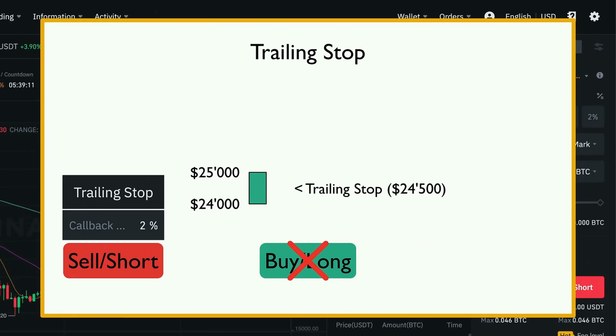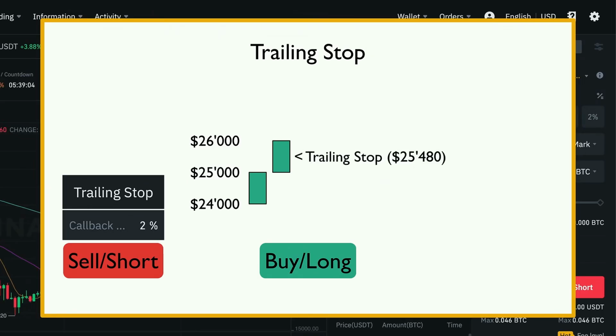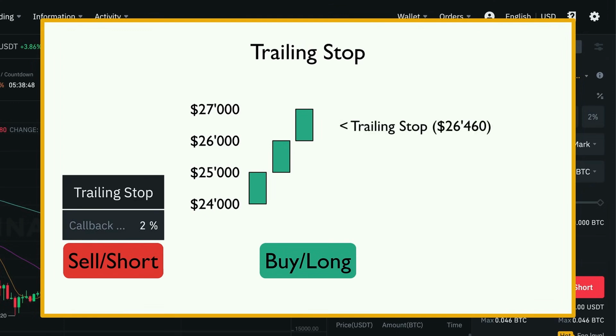Now, if Bitcoin doesn't fall to the stop limit, but instead keeps on going up to, let's say, $26,000, our trailing stop limit is moving up with the price. So now it's 2% below $26,000, which is $25,480. If the price keeps rising to $27,000, the trailing stop also moves to $26,460, which is 2% below $27,000.